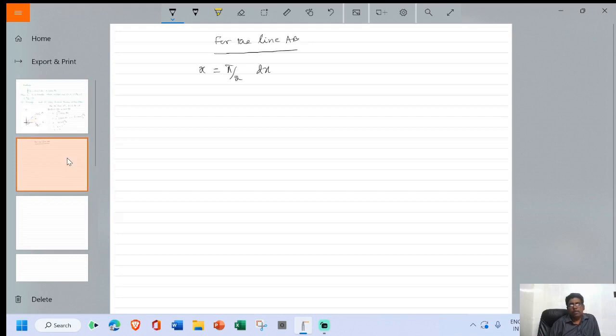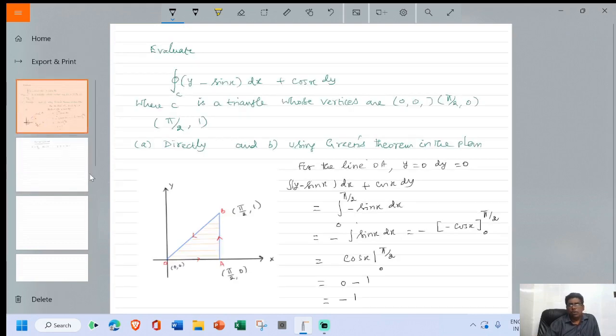Therefore dx equal to 0, because it is a constant. If we differentiate a constant, we get 0. Then the value of y is changing from 0 to 1.